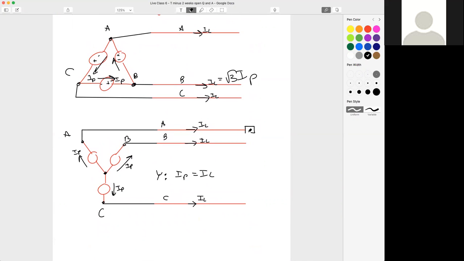Here's my line impedance right here. If they say a line impedance of ZL equals 2 plus J5 ohms, that means this impedance right here is 2 plus J5. That means this impedance right here is 2 plus J5. And that means that this impedance right here is 2 plus J5 for a balanced system.